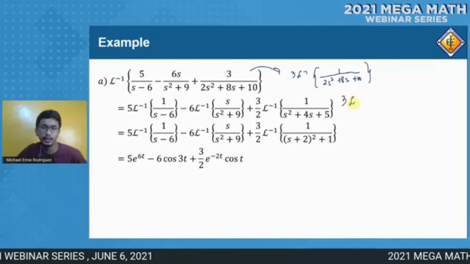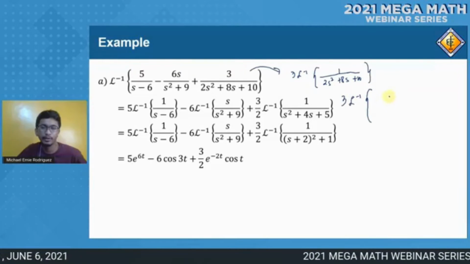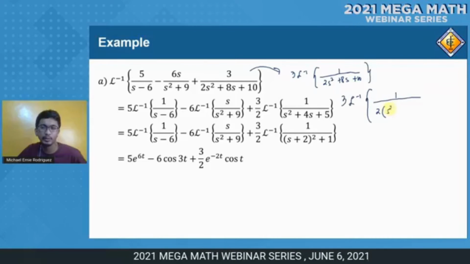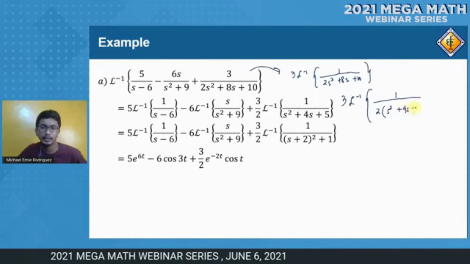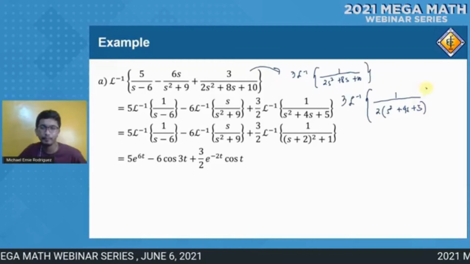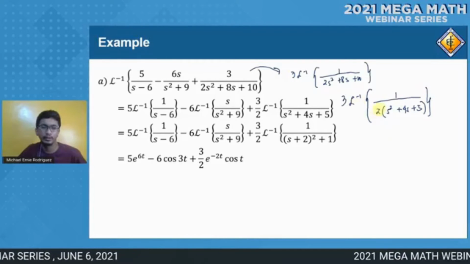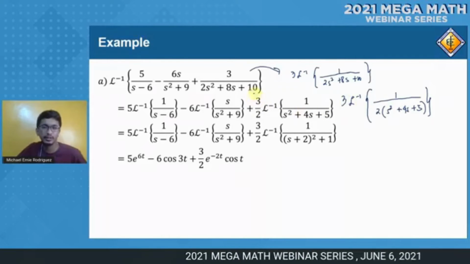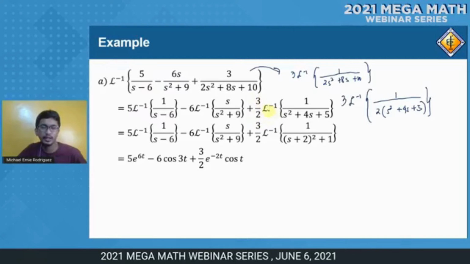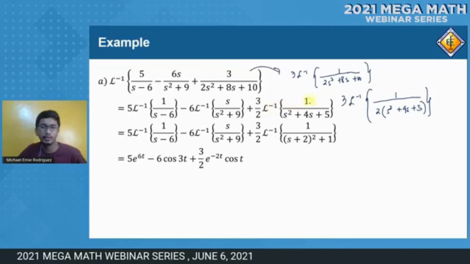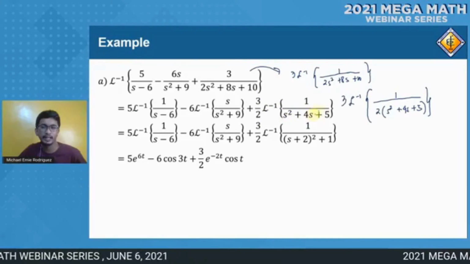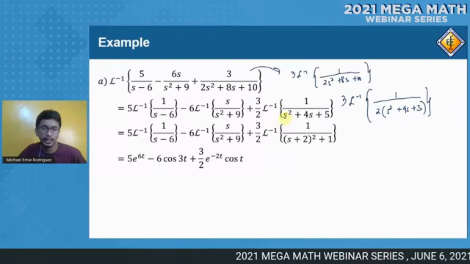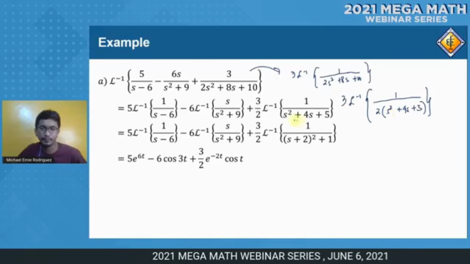So we have the 3 inverse Laplace transform of 1, we can factor out 2, so we have 2 times s squared plus 4s plus 5. And then labas natin yung 2. Okay? So we now have 3 halves, inverse Laplace transform of 1 over s squared plus 4s plus 5. Okay? And then, itong denominator ng ating third term, okay, ito.